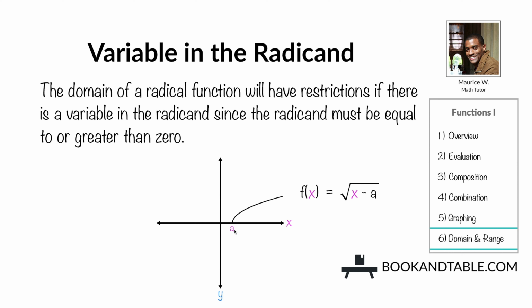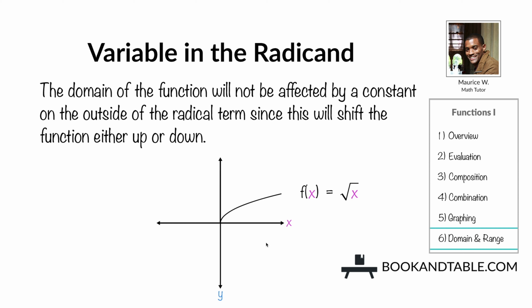So if this shifted, and x were a, we would get the square root of a minus a, which is 0. So x can be greater than or equal to a. So this is how the radicand creates restrictions on the domain, since the radicand has to be 0 or greater.